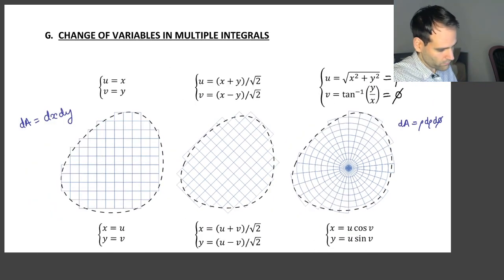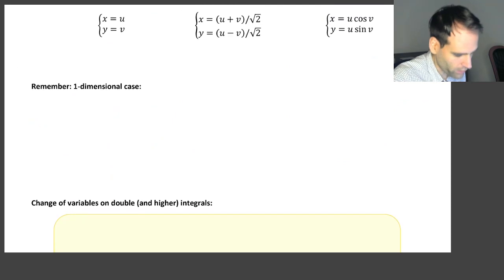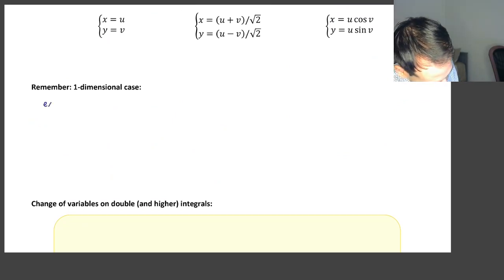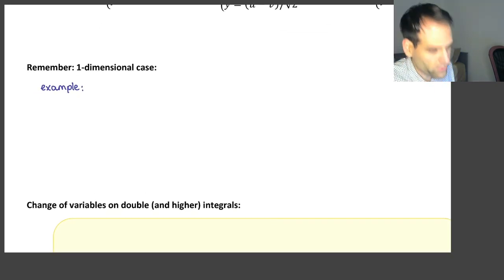So let's theoretically talk about changing the variables, and let's remember what happens in the one-dimensional case. And the best way to do it is to refresh your mind with a simple example. So I'm going to do an example.